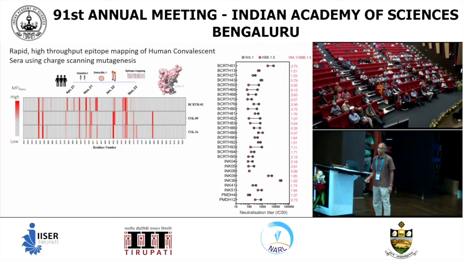So the sera that were generated earlier in India, at least in this set of people that we looked at, had much broader neutralization than sera in the US, and that's probably because the average age would have been younger, because we're a relatively young country in terms of median age.